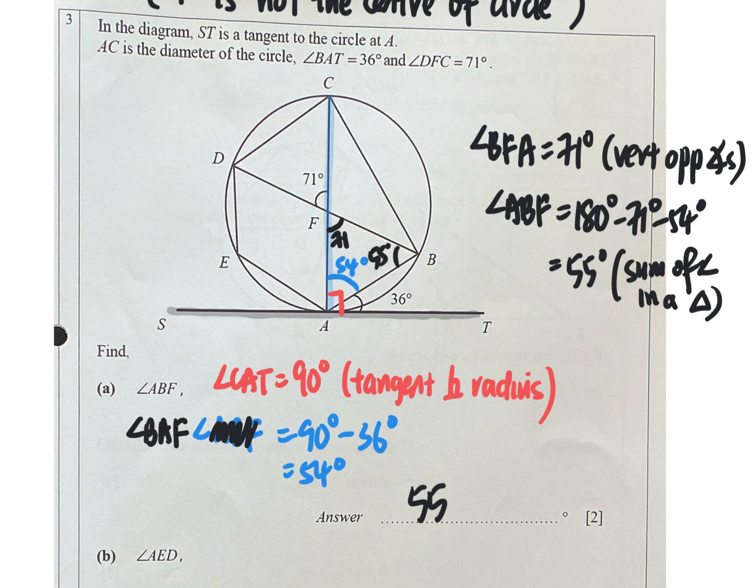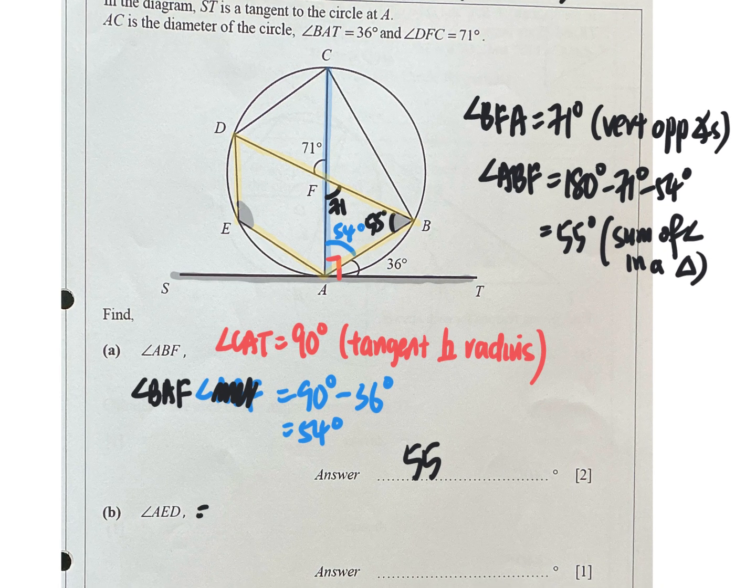You can start doing the next part. I want AED. So if you look carefully, there is a quadrilateral here touching all 4 points of the circumference. So this angle here has a relationship with this angle here. The opposite one always add up to 180.